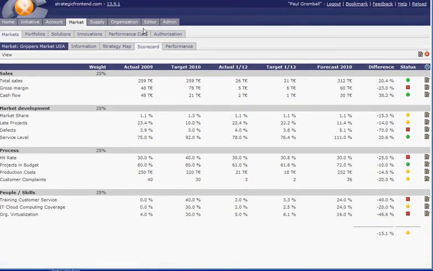The scorecard itself has also these 4 levels, like sales, market development, process, people skills, and here you have the discussion of how to measure what are the key performance indicators for achieving the different targets you have seen on the strategy map.